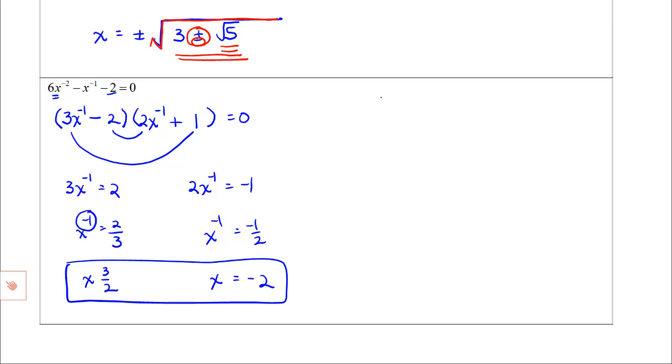here's another idea. 6, what's the reciprocal of x? 1 over x. What's the reciprocal of x to the negative 2? 1 over x squared. Or I should say, what is the same thing as x to the negative 2?